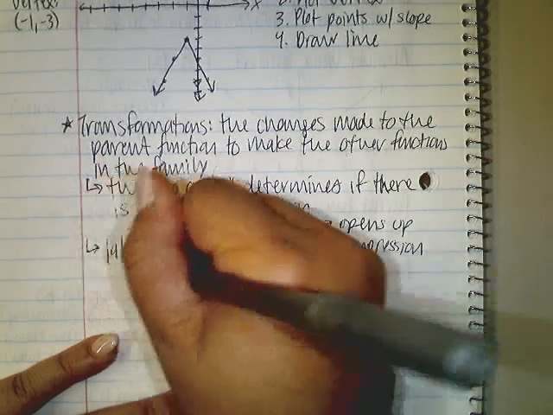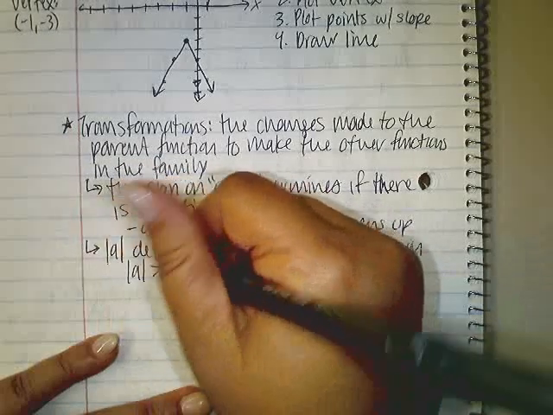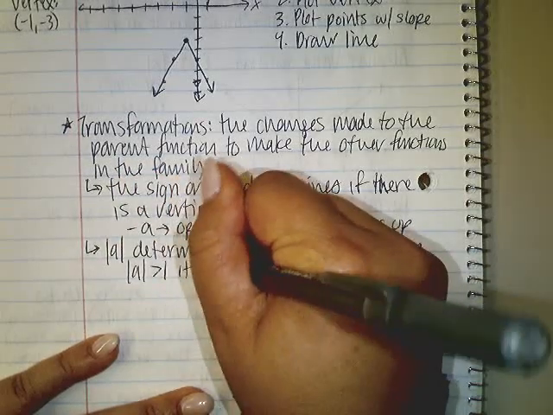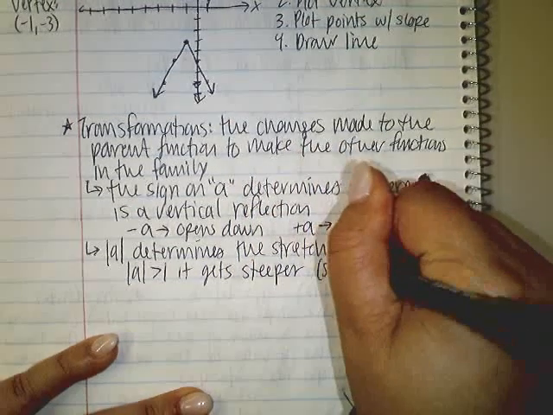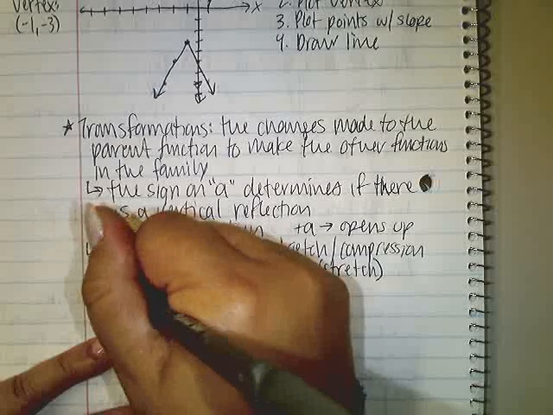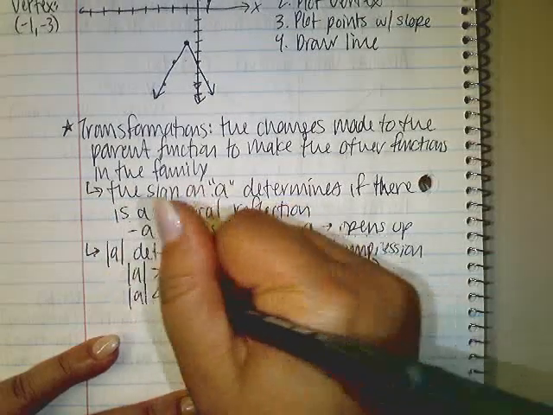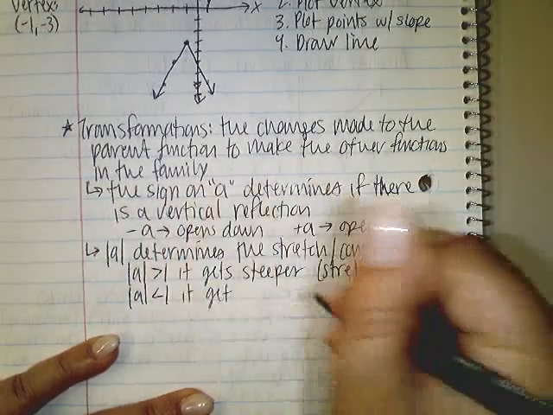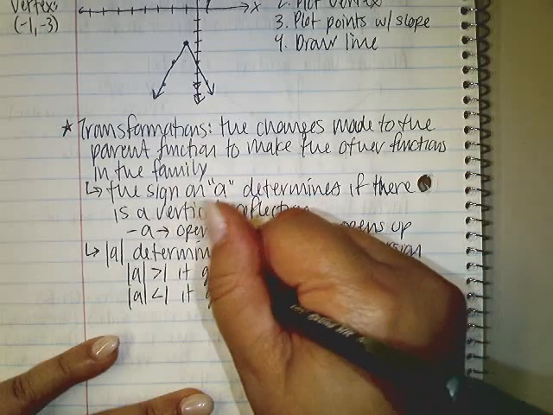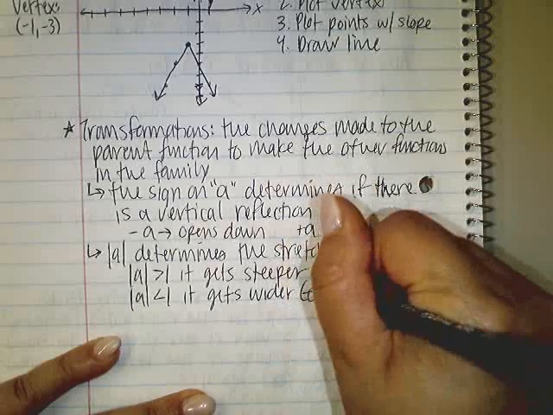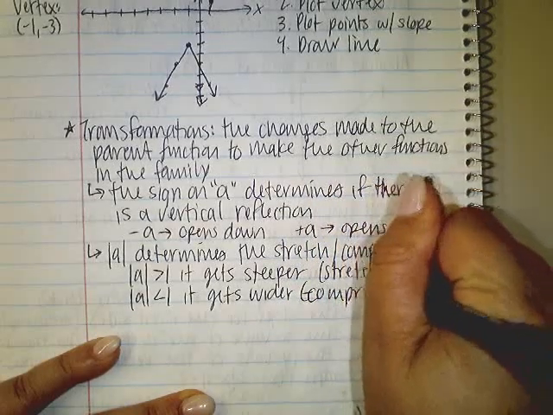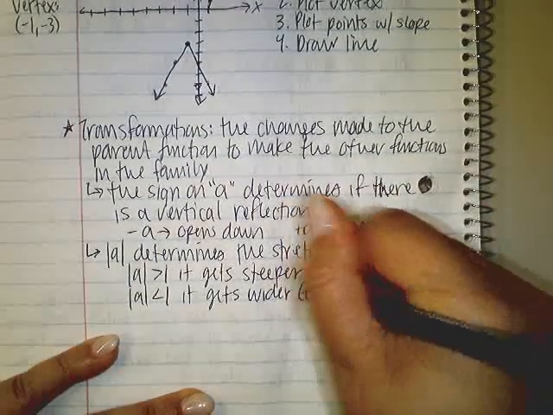If the absolute value of A is greater than 1, it gets steeper, which is a stretch. If the absolute value of A is less than 1, it gets wider, which is a compression.